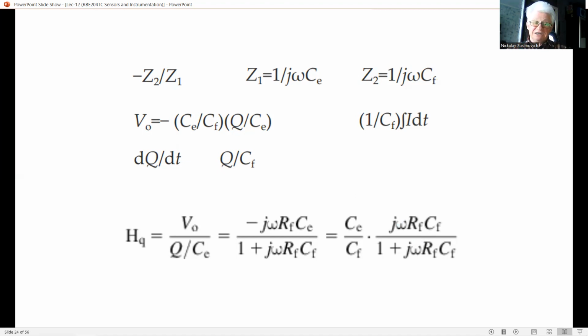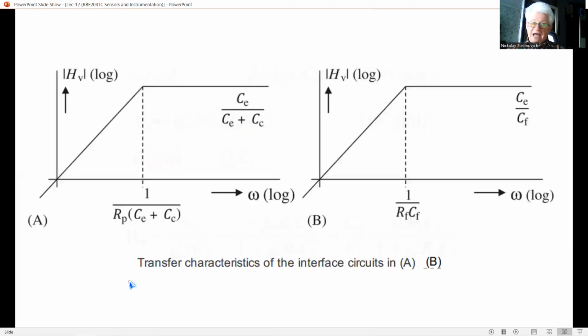This results in a transfer given by this equation here. Just as in the equation from the previous slide, this transfer has a high pass characteristic, as in figure B. The cutoff frequency is set by the components of the amplifier only.